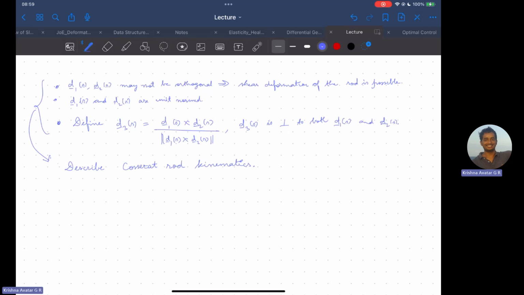The difference between the Kirchhoff and Cosserat rod happens mainly in the kinematics. If the kinematics are different, then of course the mechanics is going to be different, although even if they have similar expressions.